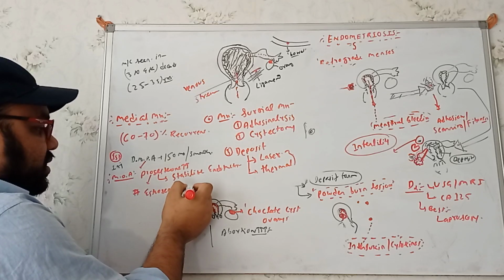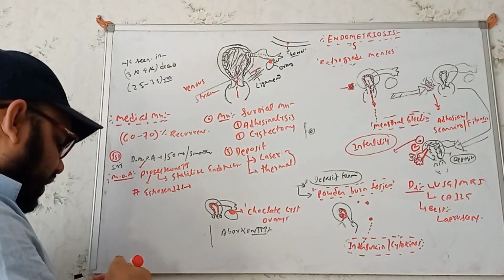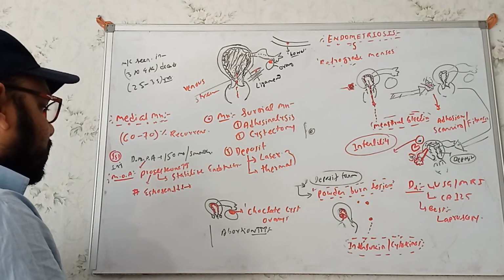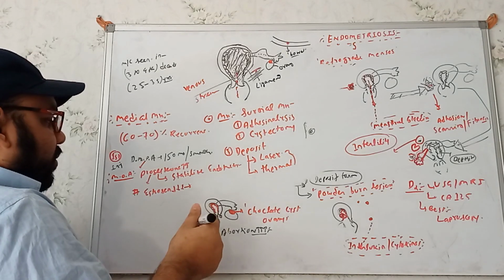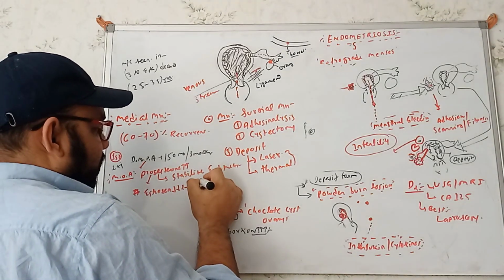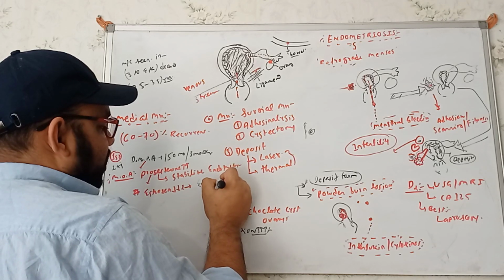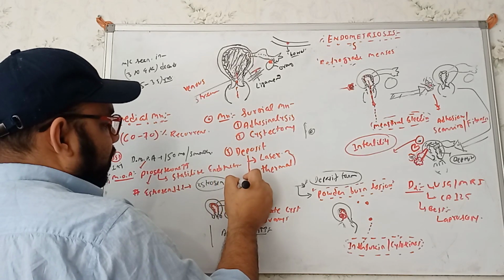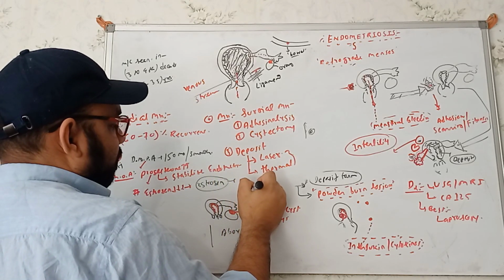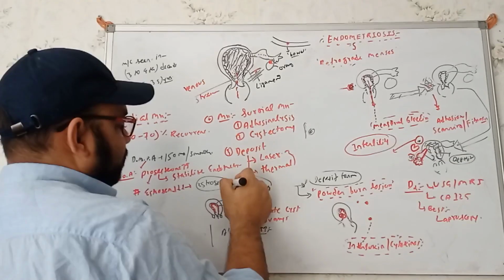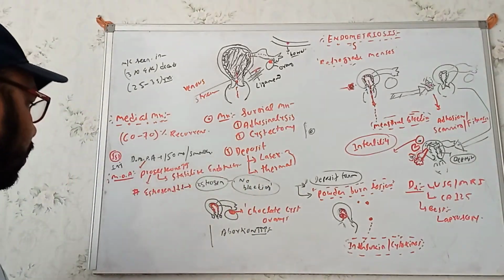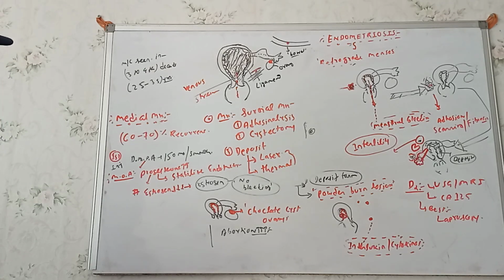Continually if we give the DMPA injections, one time will come when the estrogen will be so less that there will be no bleeding. Okay, so on we can go for those DMPA injections.